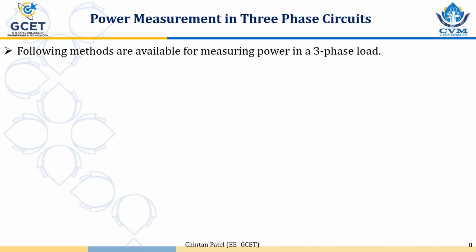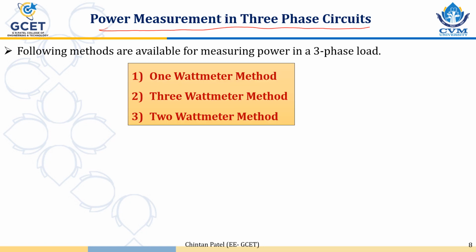Now our last topic of this chapter is power measurement in three-phase circuits. How can we measure the power in a three-phase circuit? The following methods are used for measuring power in a three-phase load or three-phase circuit.